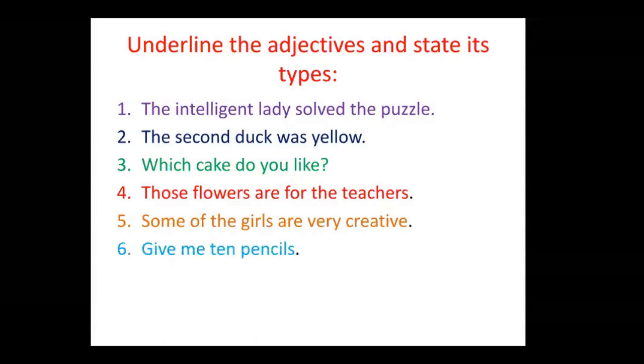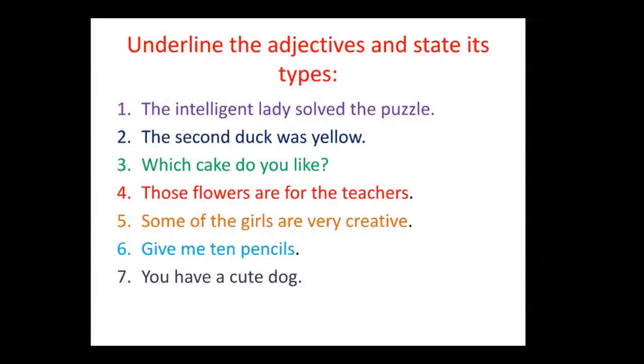Okay. Next one is, give me 10 pencils. 10. Very good. And which type of adjective is it? Number. Very good. 10 is an adjective of number. You have a cute dog.